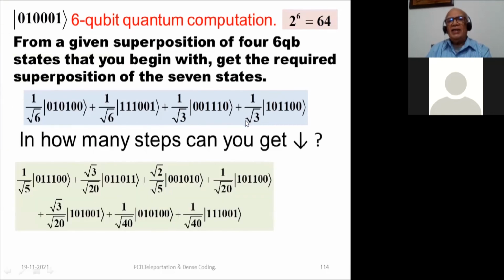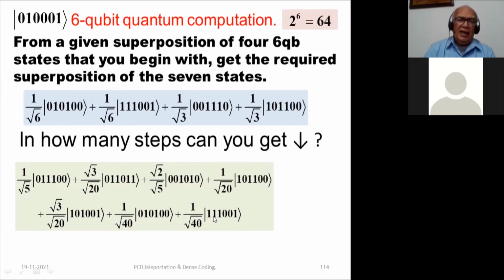And it is suggested that you should transform these into this superposition. This is a superposition of the same 6-qubit system, but there are 7 components: 1, 2, 3, 4, 5, 6, and 7.